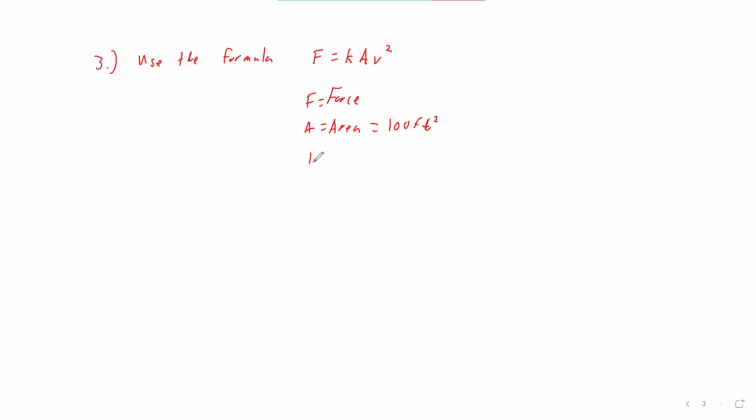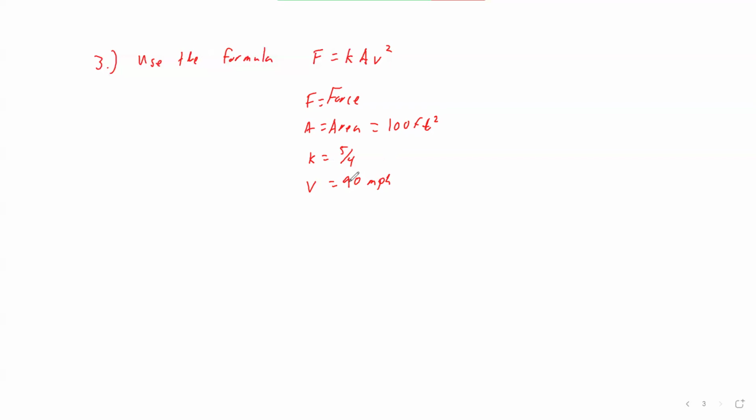Then it told me K is 5. It didn't even tell me what K was. And that V is equal to 90 miles per hour. So I'm thinking velocity, kind of going back to my physics. Last time I took that course was in high school. But again, it gave you a formula in the problem, and it told you what everything was.